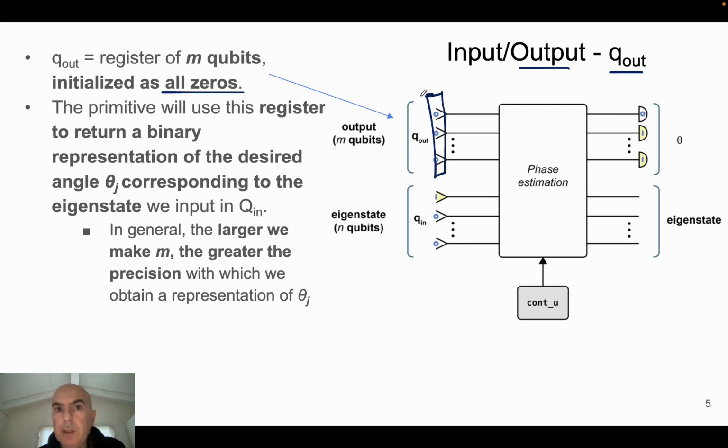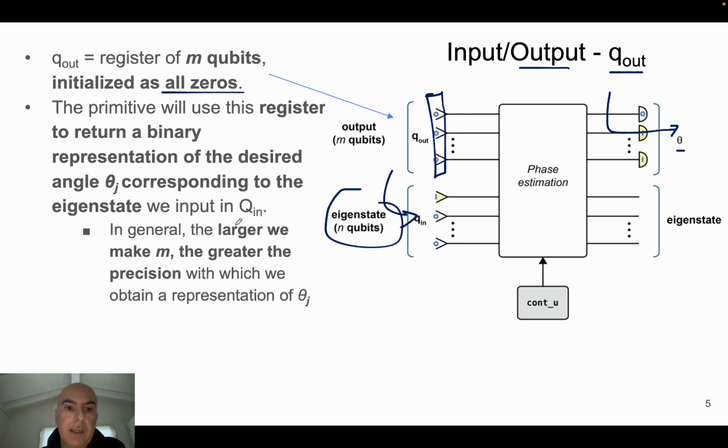The primitive will use this register to return a binary representation of the desired angle theta j, corresponding to the eigenstate we input in Q in. So we input this eigenstate, and then we get as output theta, the eigenphase, encoded as a binary. So we'll have 0, 1 after the reading operation.